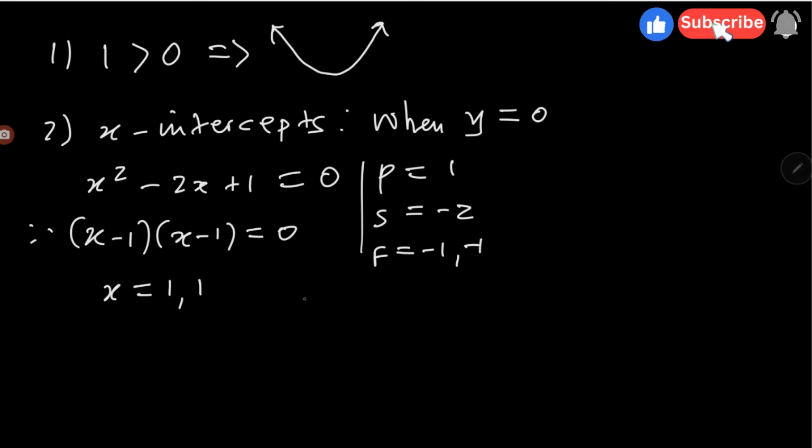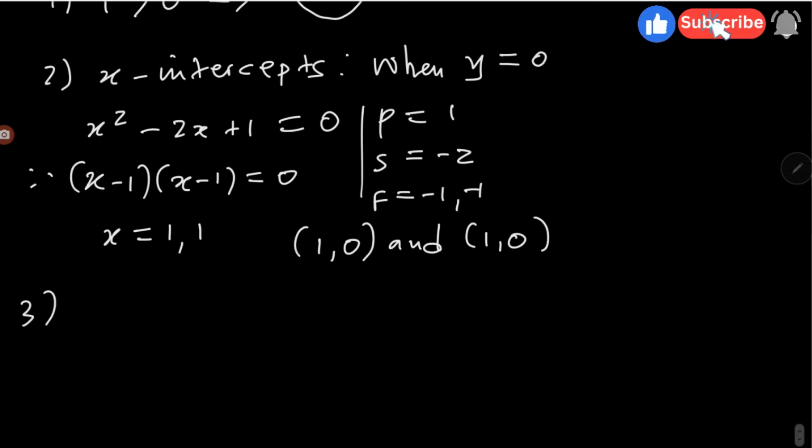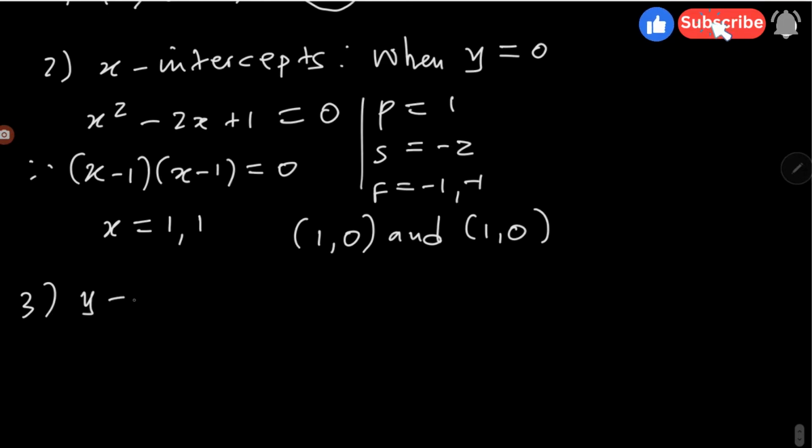And what does this mean? It means our x-intercepts are 1, 0 and 1, 0. Meaning on the x-axis, our graph is just crossing on one point. Ooh, interesting. So let's see what this means. So if now we find our y-intercept, this is when x is 0.